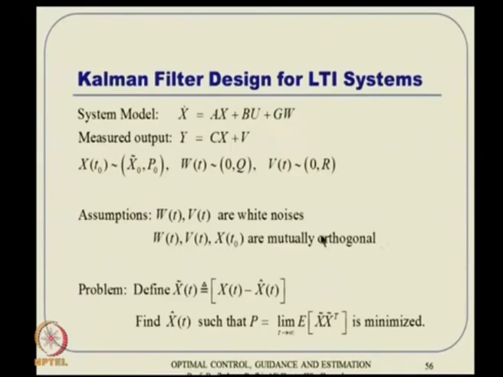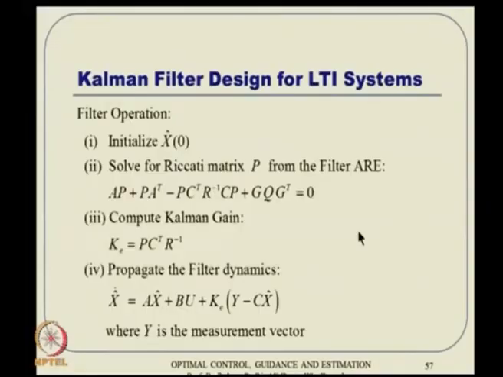Then the whole idea is to define this error between the actual state and estimated state, and then define the covariance matrix, the expected value of x tilde times x tilde transpose, as time tends to infinity. Somehow we have to find this x hat such that this error covariance matrix is minimized. We had a lot of algebraic analysis, and finally it gives us something like this.